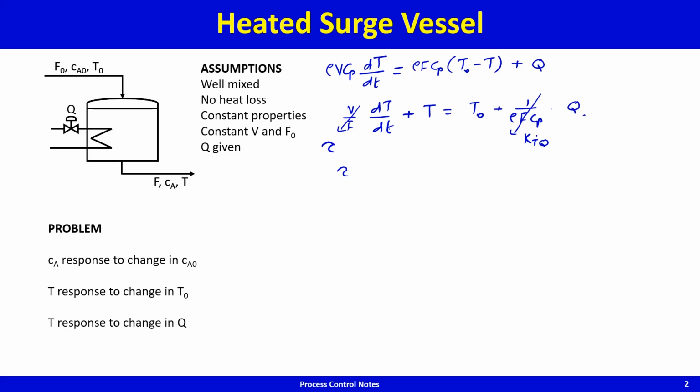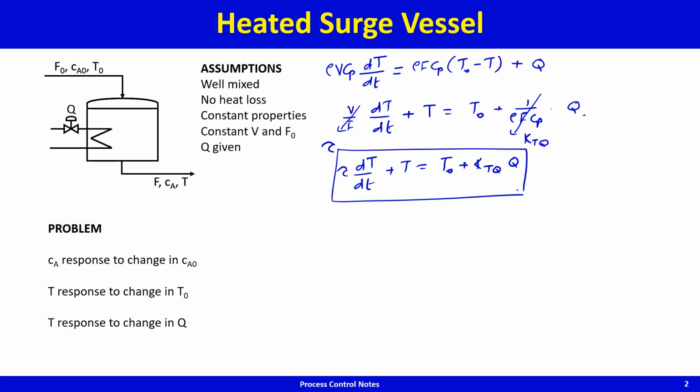So what you get is tau dT by dt plus T equals T naught plus K_TQ Q. This is the governing differential equation that relates T to T naught and Q.